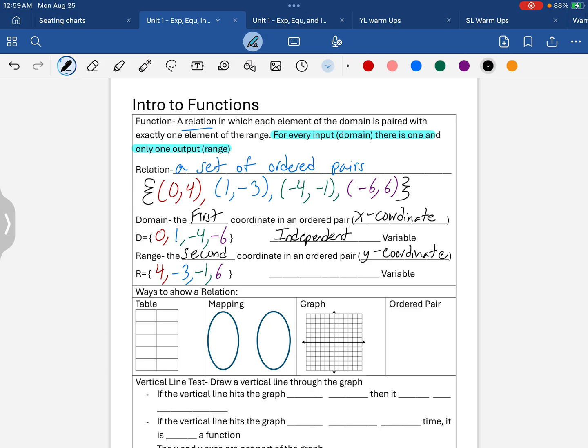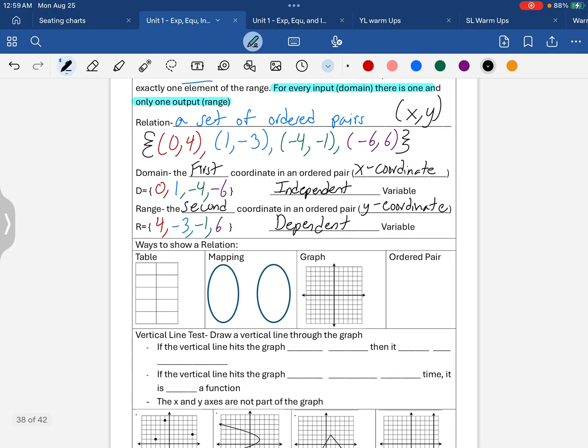If you need a little bit of help, remember, this is your x, that's your y. Your x always comes first. And so your range is what's called your dependent variable. Your dependent variable relies on the independent variable. That's why it's dependent, kind of like how teenagers are dependent on their parents.